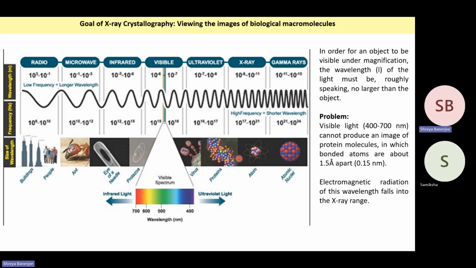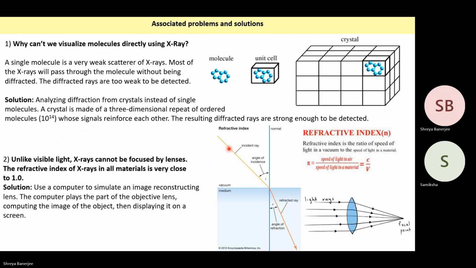The dimensions of the atom are quite small, in the range of 10 to the power minus 8 to 10 to the power minus 11 meters. But visible light has a much greater wavelength, 10 to the power minus 4 to 10 to the power minus 7 meters. That is why visible light cannot be used to resolve up to the atomic level. And so X-ray is the only one that can be used because it is within the range of the atoms.